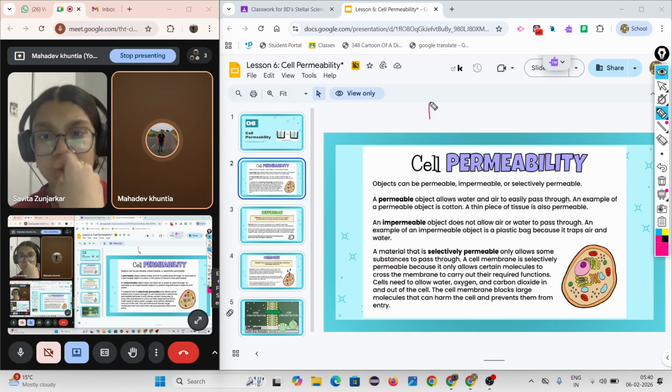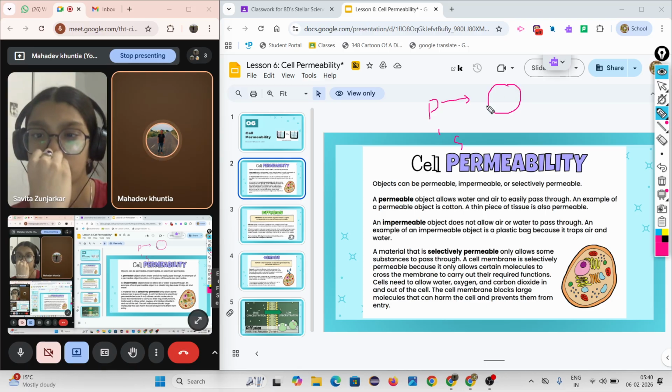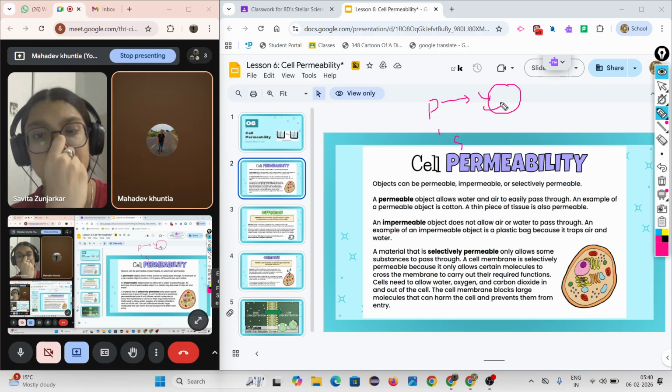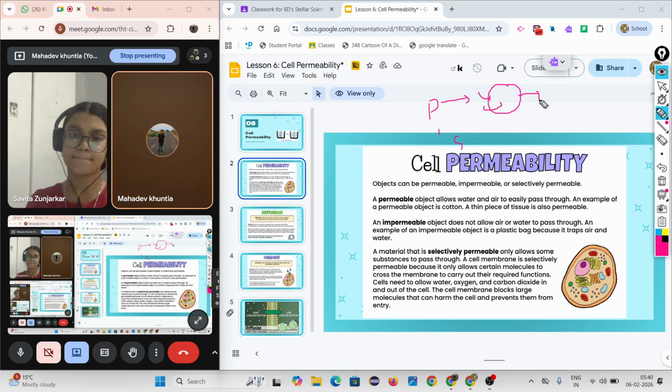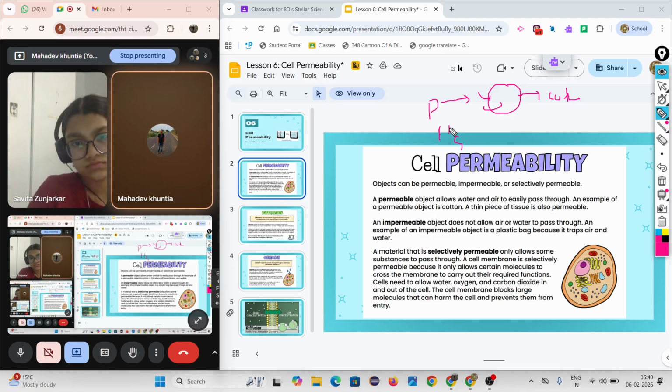First, we learn three types of substances: permeable, impermeable, selectively permeable. Permeable means those substances which can easily pass water and oxygen through them, like cotton. Impermeable means the substance that can never allow air and water to pass through it.